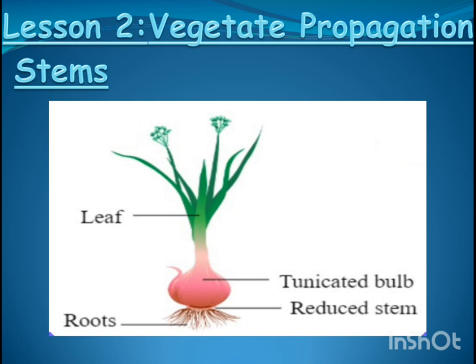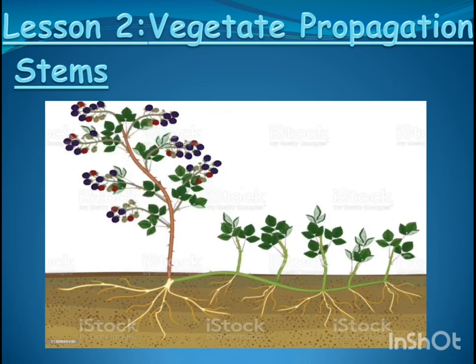Now coming to the stems which grow above the ground, they are runners. The stem grows along the ground, and when it touches the soil surface, it starts growing roots from there. Can you see in the picture? As the stem grows along the ground, they are called runners.